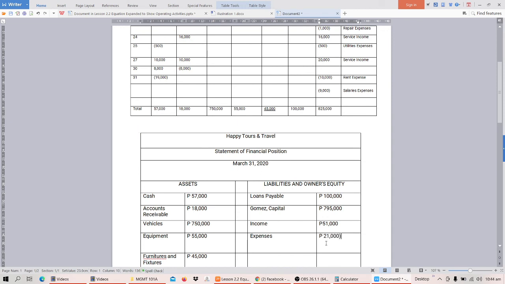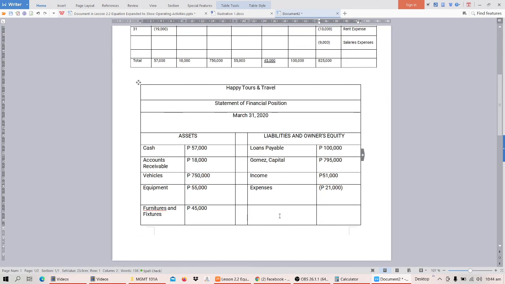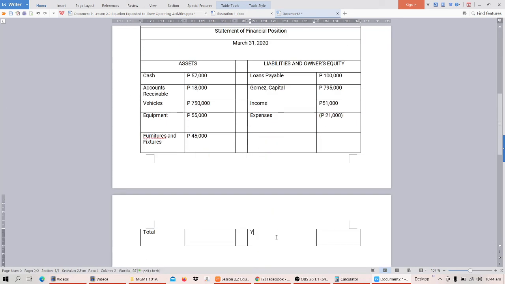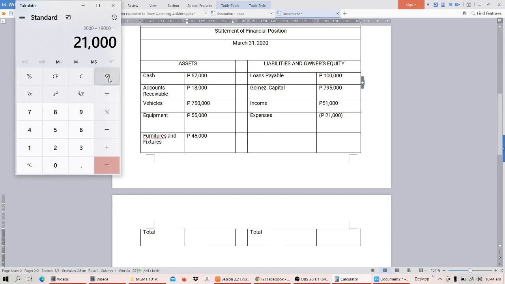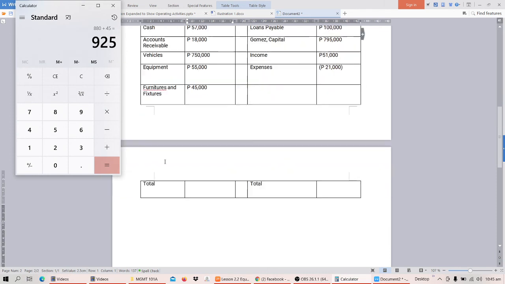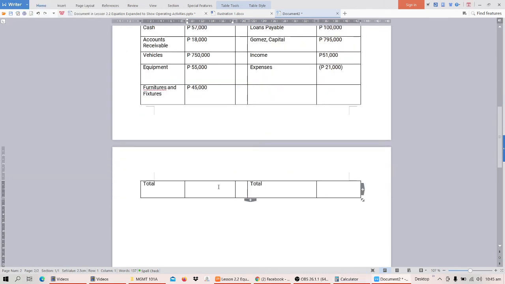Okay. So now the total would be here. The total is 57 plus 18 plus 750 plus 55 and 45. So 925.